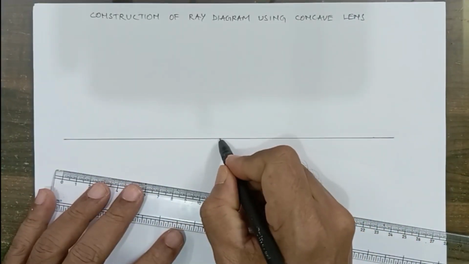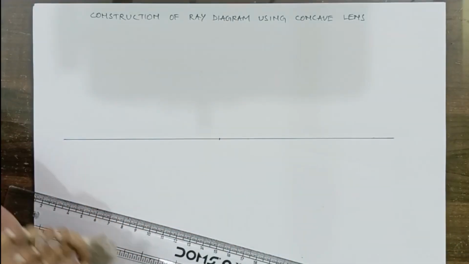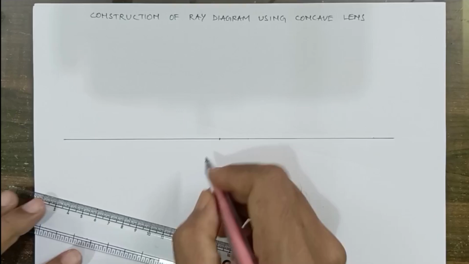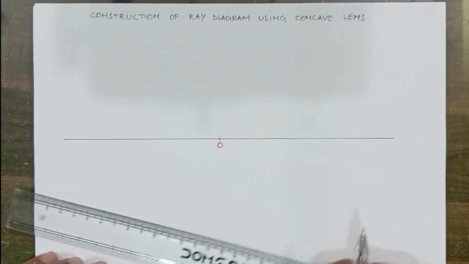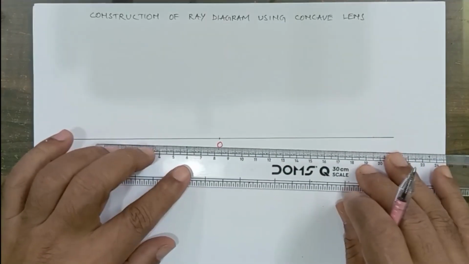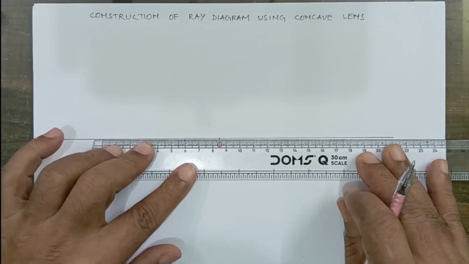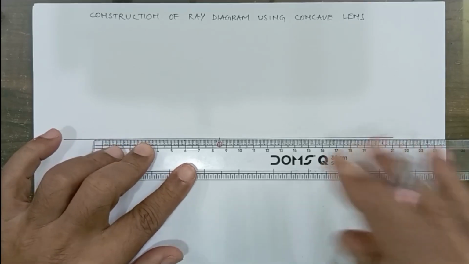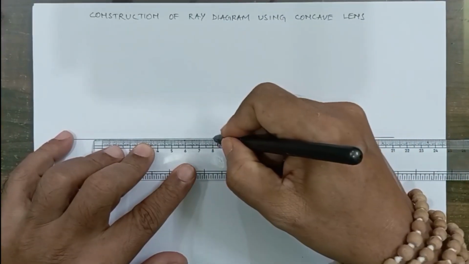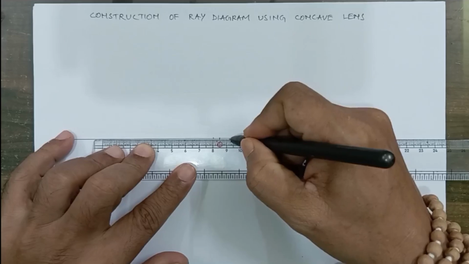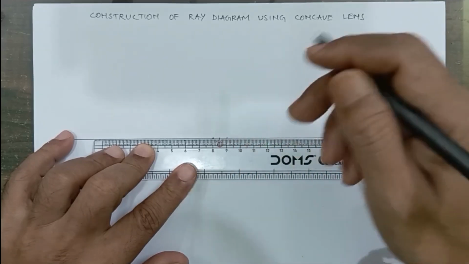Approximately mark an arbitrary point at the center of the line which represents the optical center O. Assuming the thickness of the concave lens is going to be 1 centimeter, I will mark a half centimeter point on either side of the optical center.